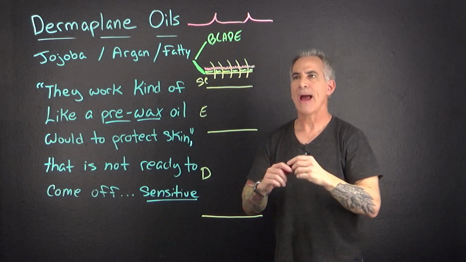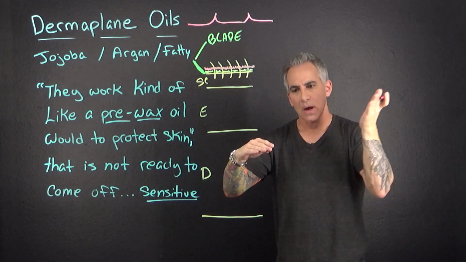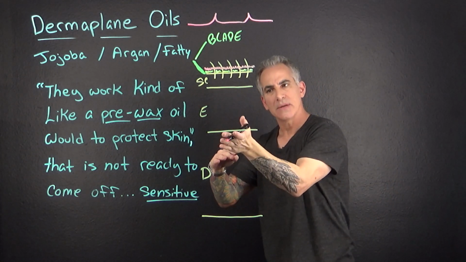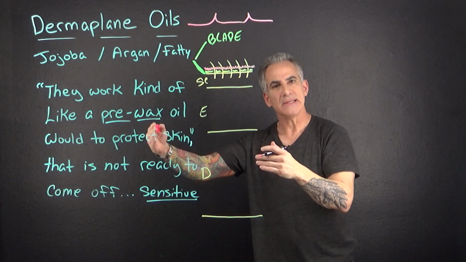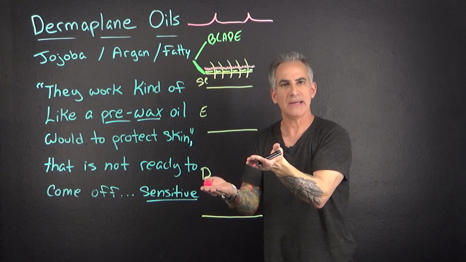So what's actually happening is you're going to create these uneven exfoliation valleys with the blade, because you can't see it. I mean, it's impossible to get it even, right?